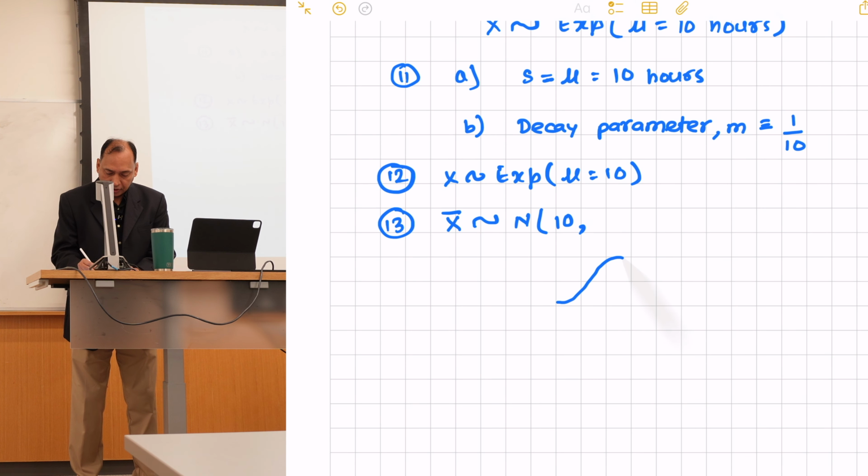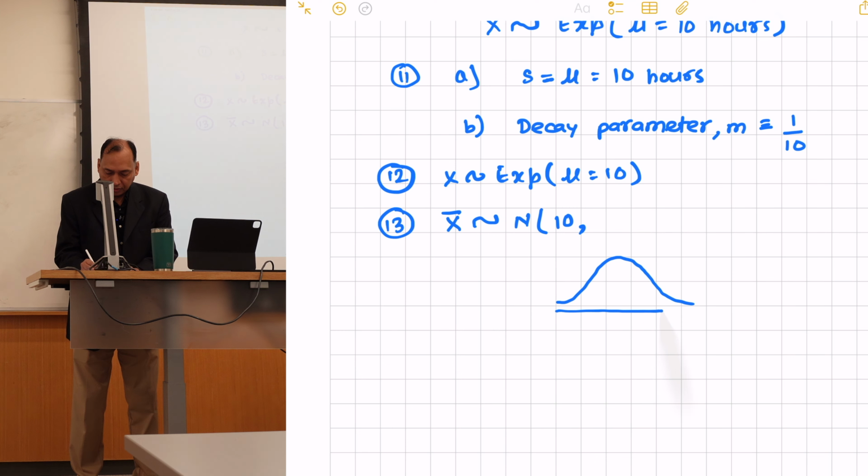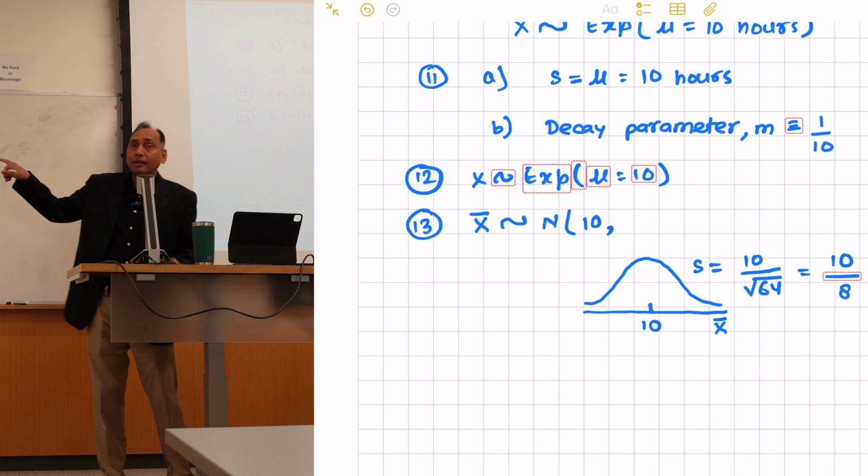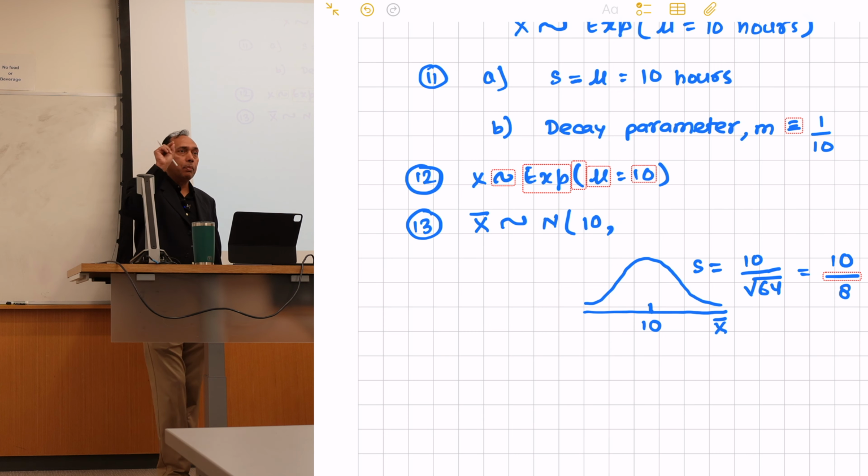If I make a small picture here, so average x bars will follow normal distribution with mean 10 and standard deviation equal to standard deviation of individual values divided by square root of n. And n is 64 in the problem, so 10 divided by 8. So this is called standard error whenever we are dealing with x bars.